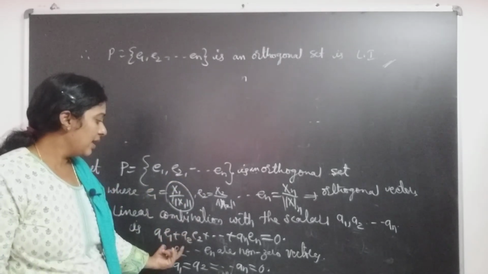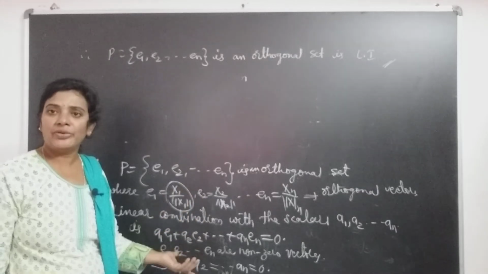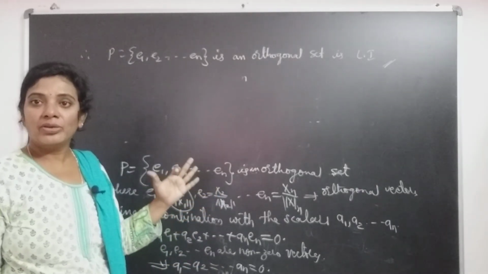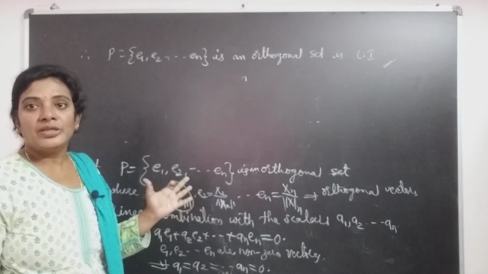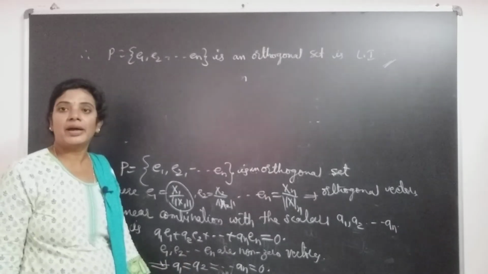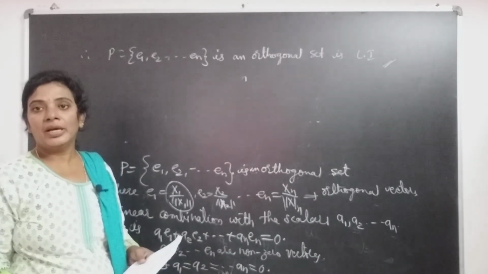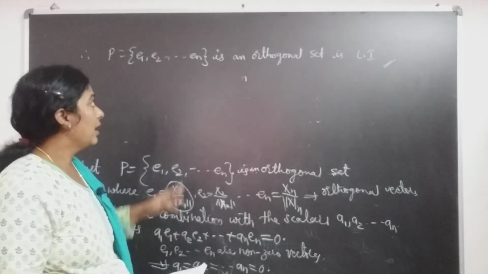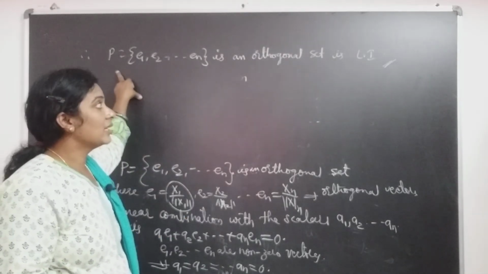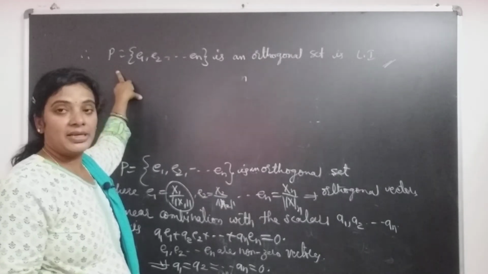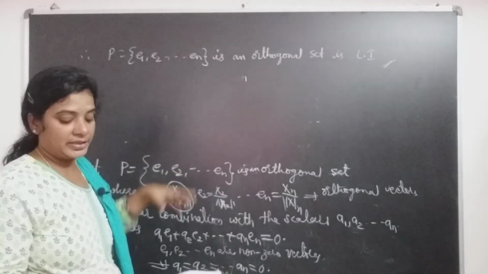Here clearly e1 to en are non-zero vectors. Then when we multiply those vectors with the scalars, it is equal to 0, so a1, a2, so on an is equal to 0. So all scalars are equal to 0. Then the orthogonal set with n vectors is clearly a linearly independent set.